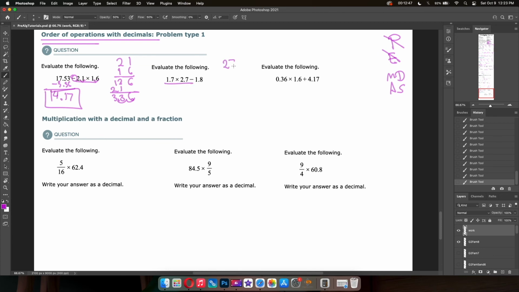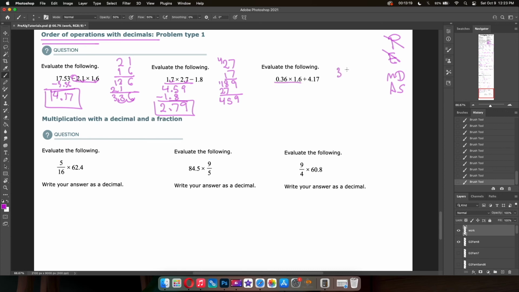So 2.7 times 1.7, that's 459, and there's 1, 2 decimal places. So it is 4.59 minus 1.8. So that's 2.79. Not so bad. Again, multiplication and division comes first.